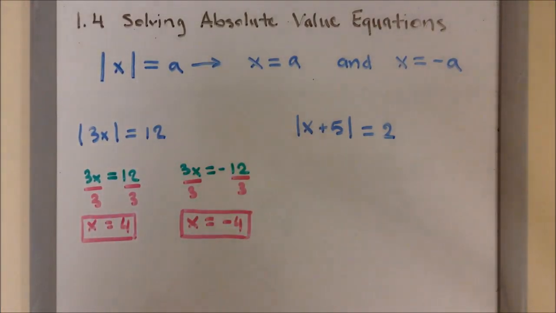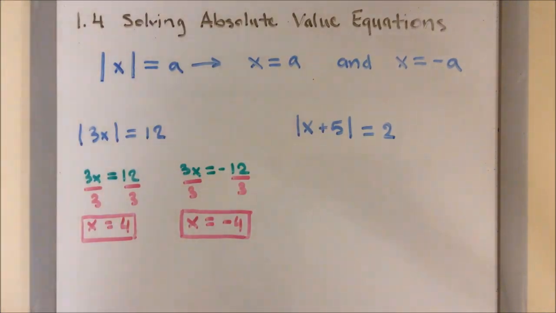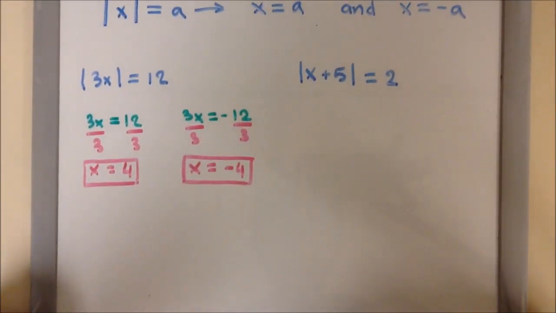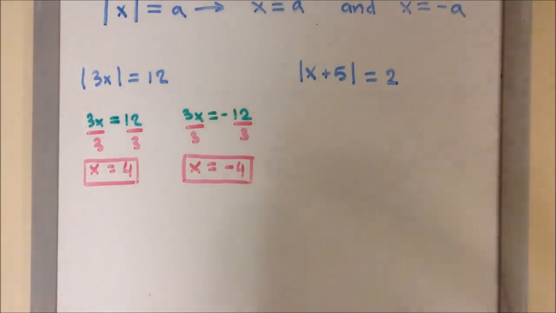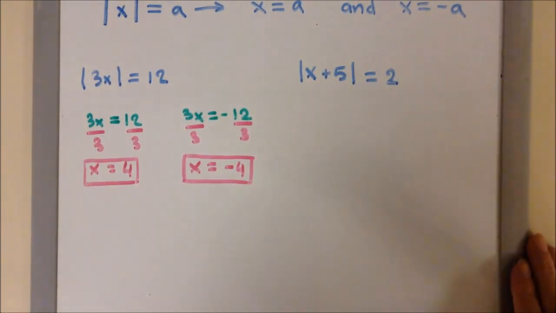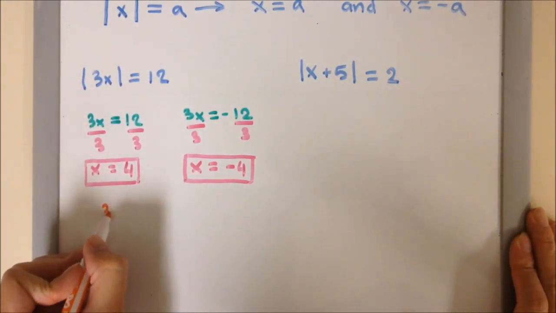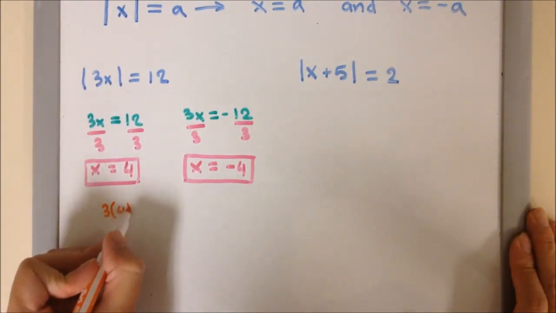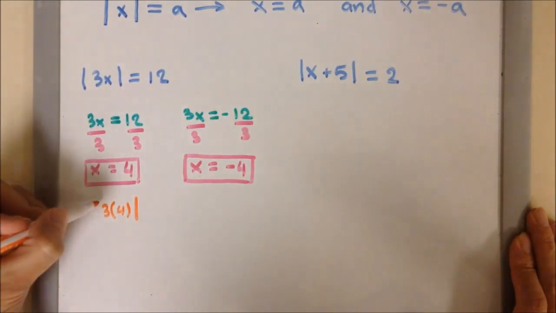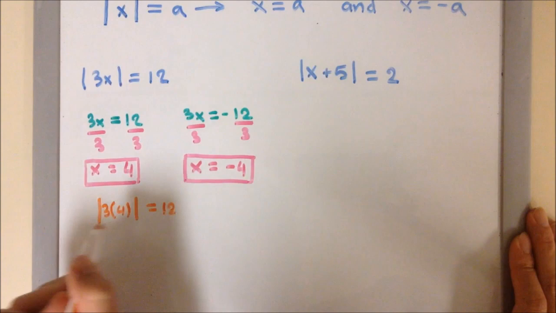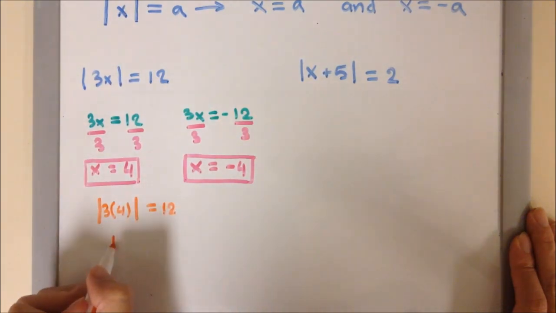Now I'm going to show you why these two solutions work. First I'm going to test out 4. I'm going to plug 4 into x. So we have 3 times 4 with the absolute value lines equal to 12. 3 times 4 is 12.